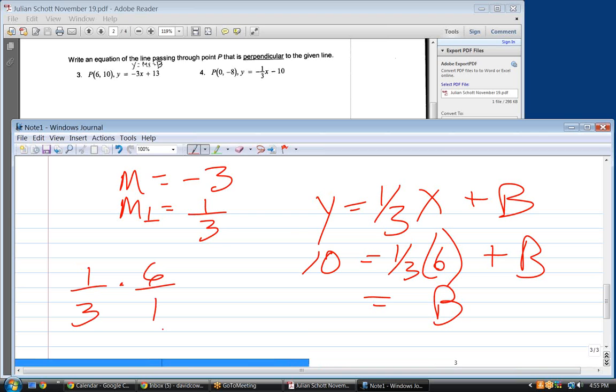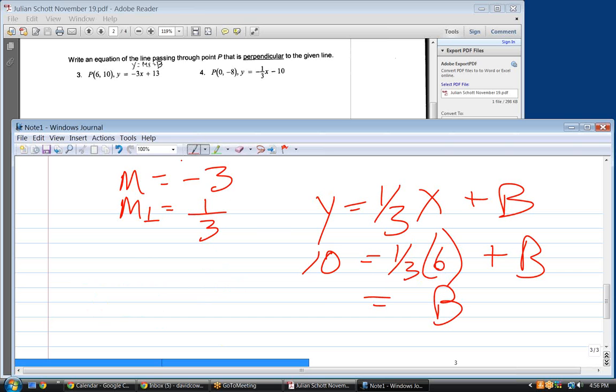We're multiplying, so we're going to multiply numerators and denominators. But rather than multiplying, let's simplify first. Divide top and bottom by 3. So now we end up with 2 over 1. So now what is b, if 1/3 times 6 is 2?